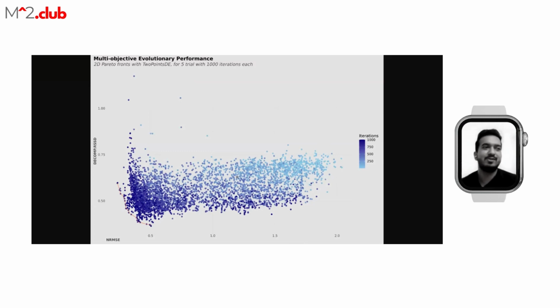It's like 10,000 dots you would see here, depending on how many iterations it ran for. You would see it starting with all the dots here, and as it progresses, it comes towards the left bottom, where it has the minimum decomp RSSD error and the normalized root mean square error. These are the models that you actually want. And the line you see here is the Pareto trend.